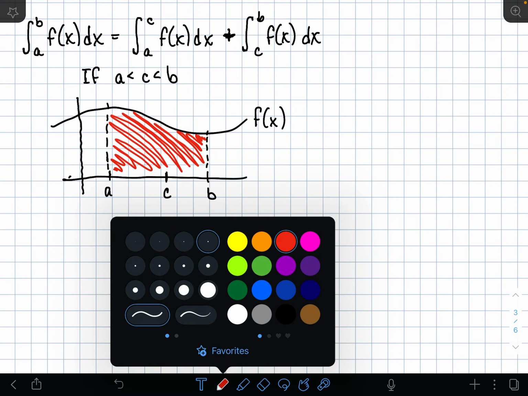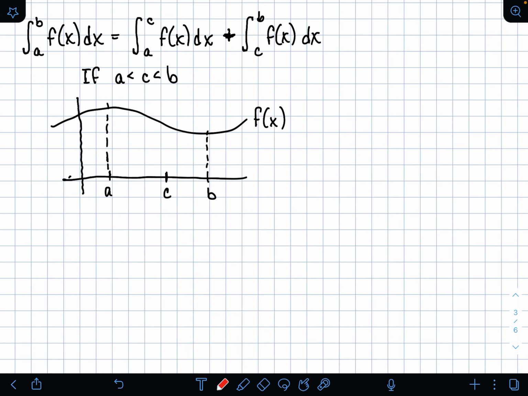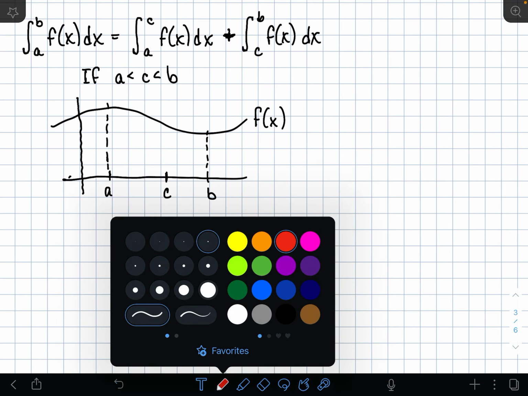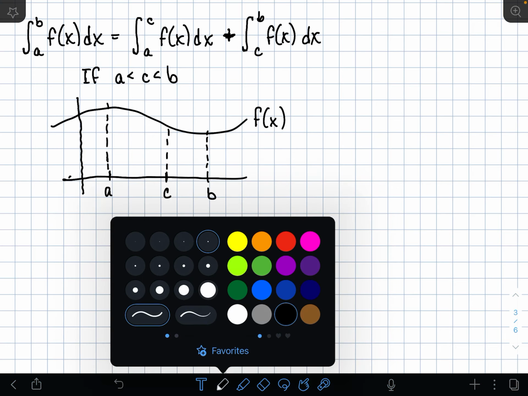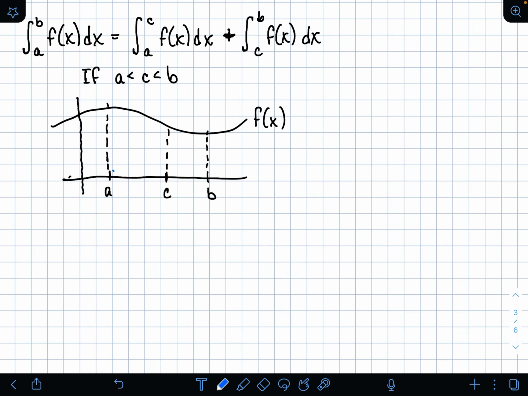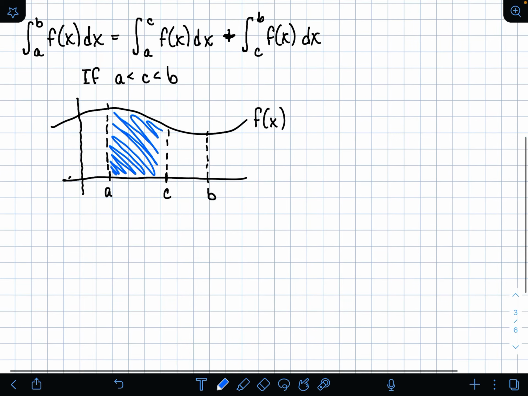The suggestion here, then, is: what if we introduce another value in here that splits this into two separate regions? We find the area from a to c, and then separately from that, we find the area from c to b. Well, certainly, those two areas together should be equal to the full area from a to b.